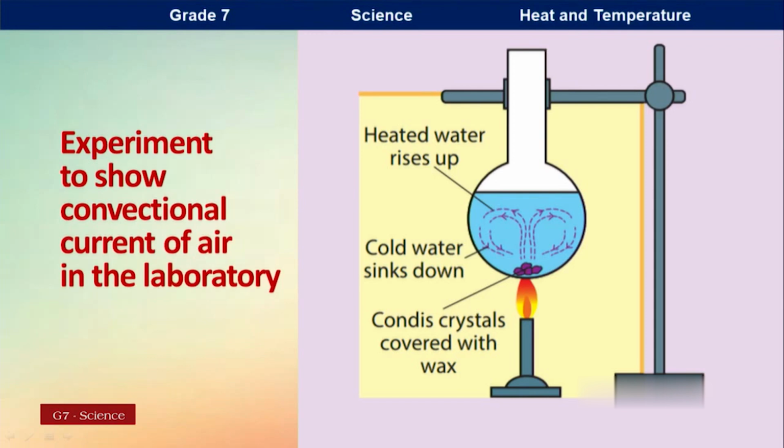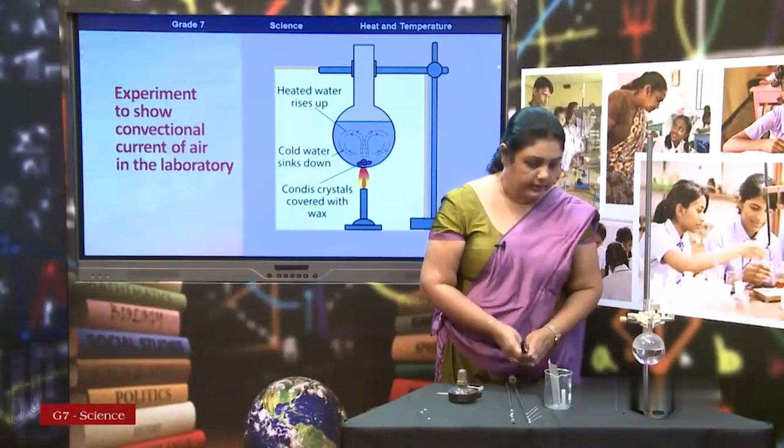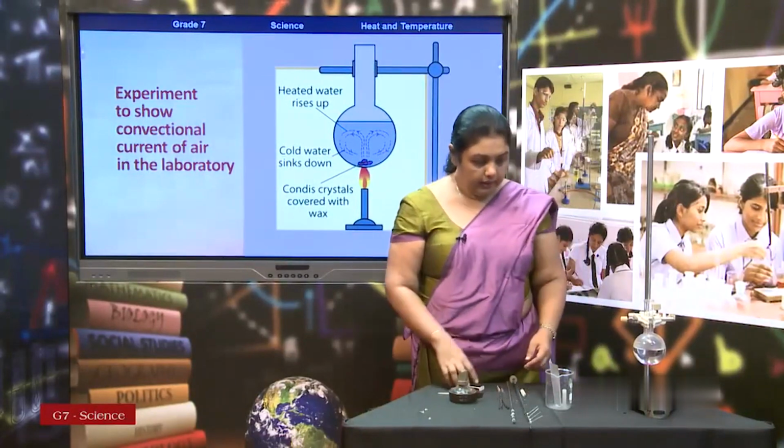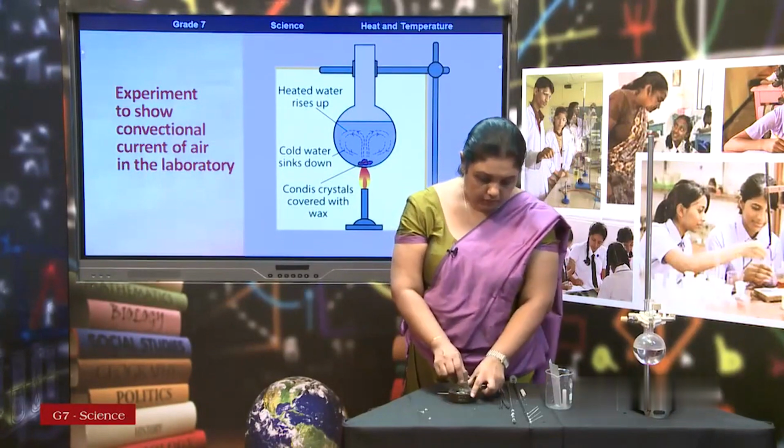We will see whether we can do this experiment. First of all, I will show you the setup here. Here we will see the setup. Look at this. I have given you all the setup here, and the beaker and the candle wax is there at the bottom.